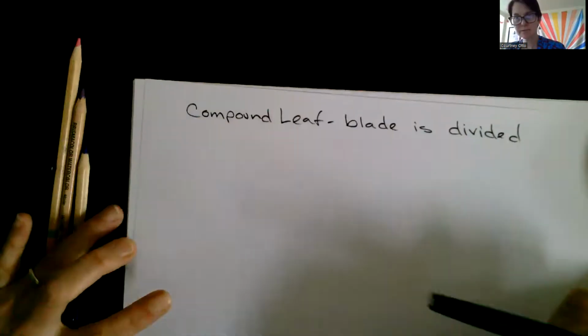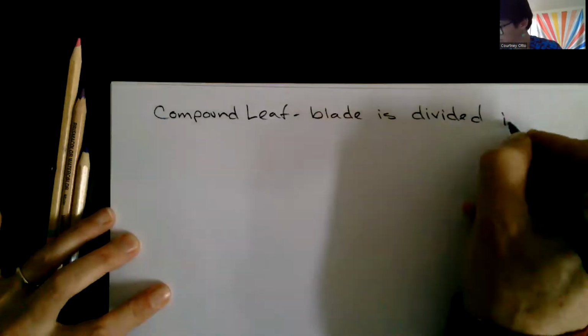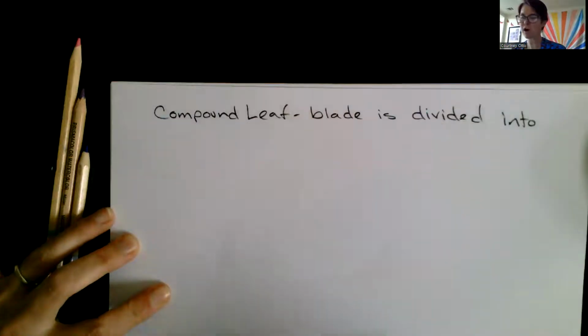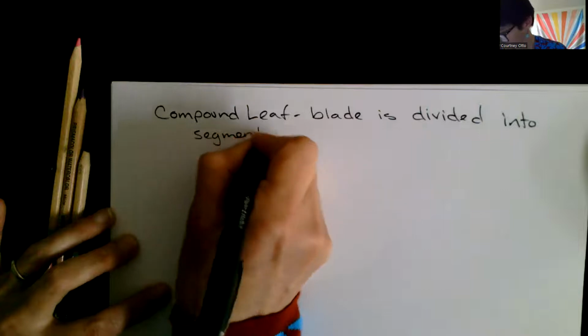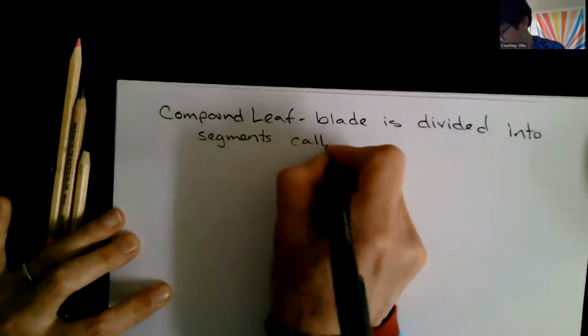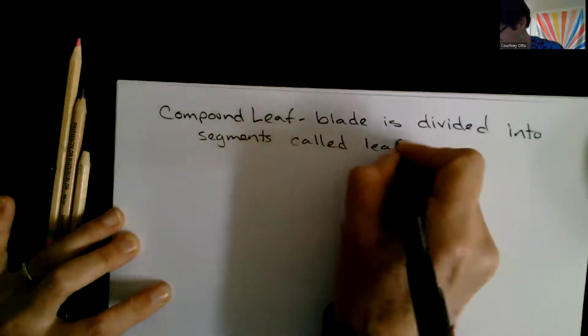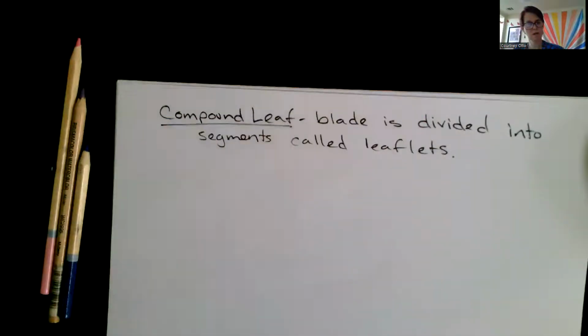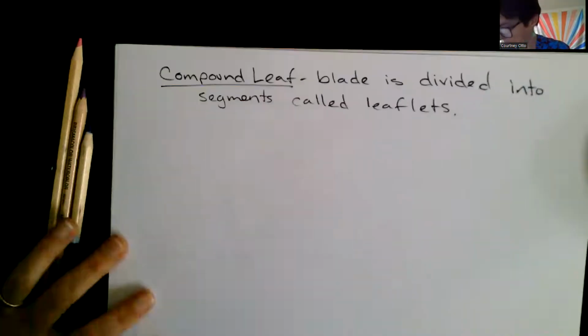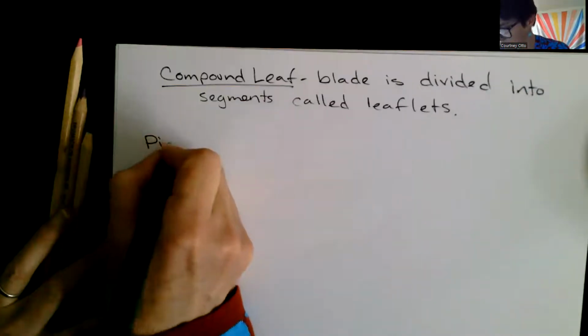So the blade is going to be divided into segments that we call leaflets. And there's two basic varieties of compound leaves out there in the world. There's what we call pinnately compound leaves and palmately compound leaves. Let's start with pinnately.